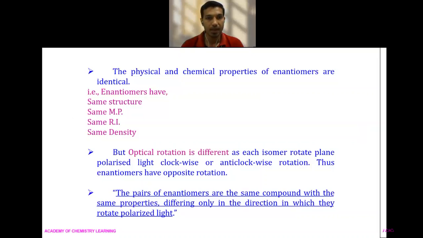The pairs of enantiomers are the same compound with the same properties, but they differ only in the direction in which they rotate plane polarized light. So remember very well how they can be distinguished by rotation of plane polarized light.